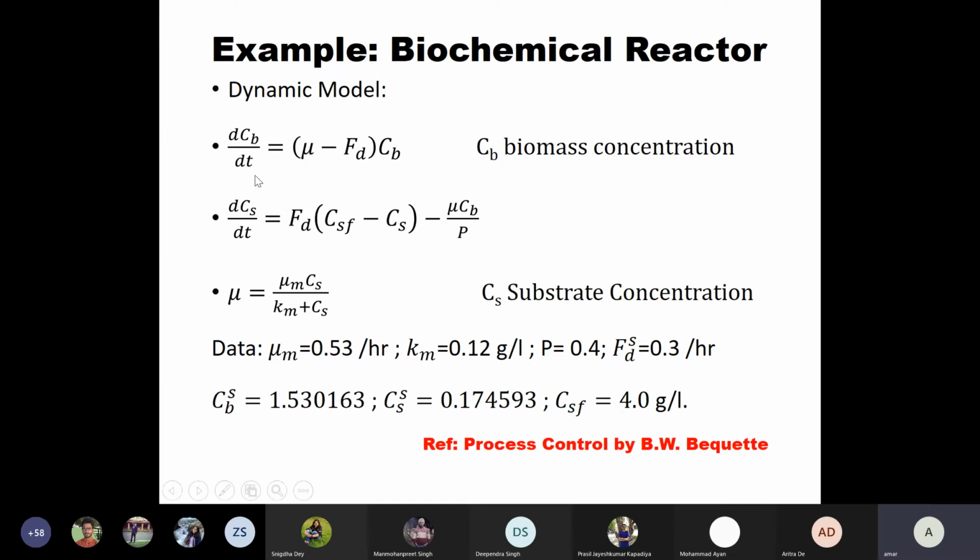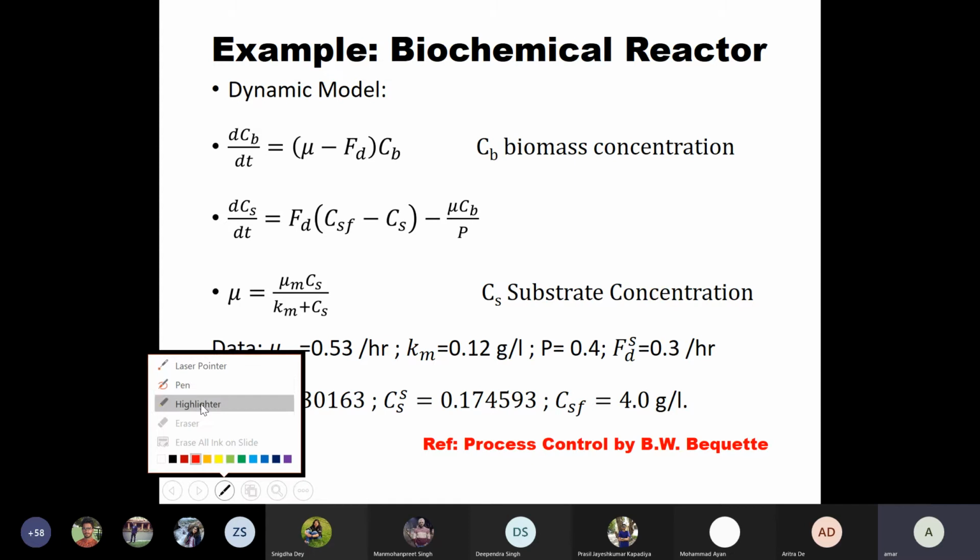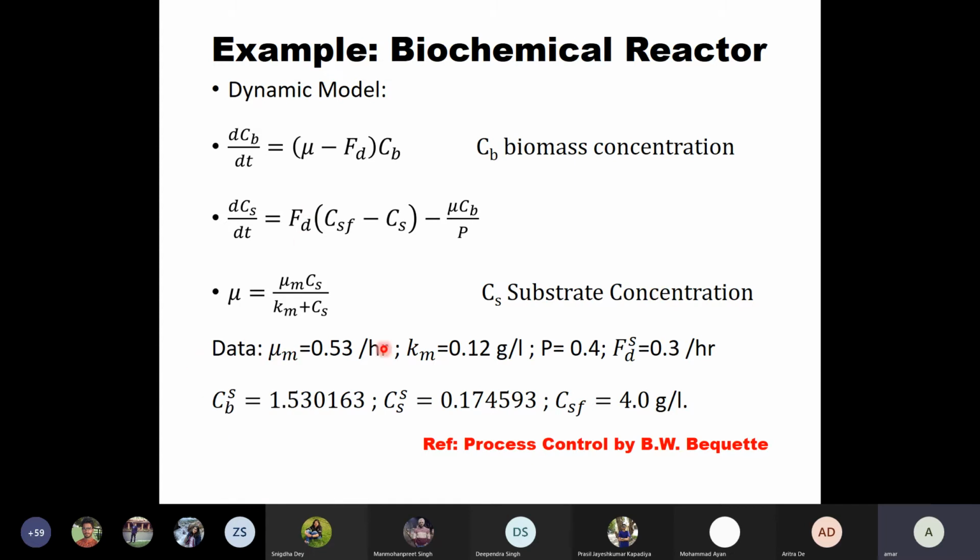The equations for the biochemical reactors are this one: dCB by dt is equal to mu minus Fd into Cb. I am not going into details of development of this reactor model. The details you will find in the book of process control by Wayne Bequette.